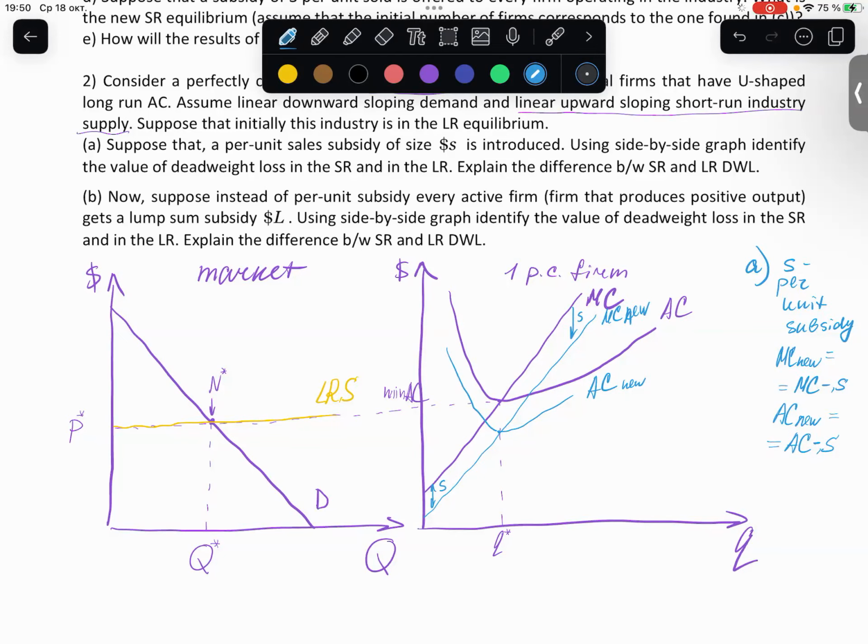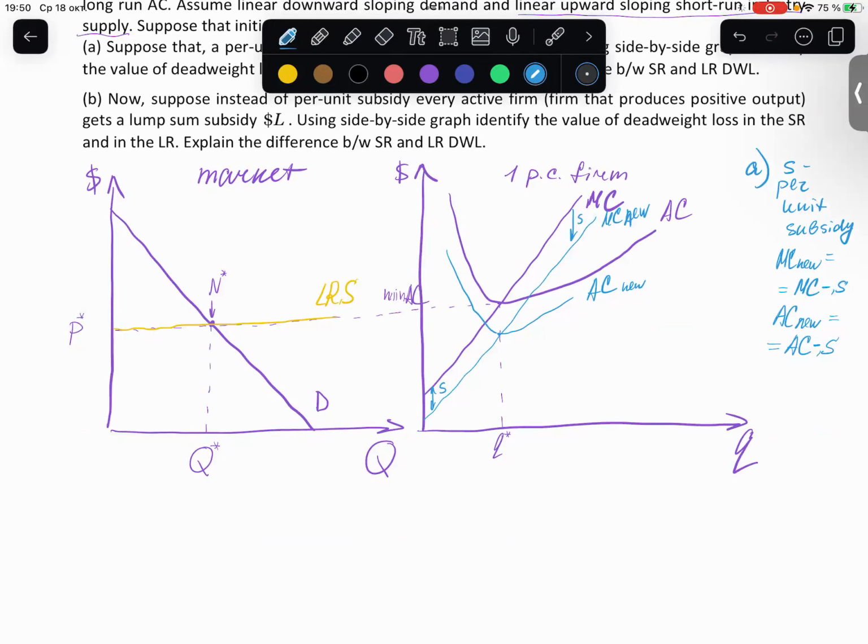Now let's start from the short run. The initial short run situation is the short run supply curve with n star firms. So this is the supply in the short run when we have n firms.